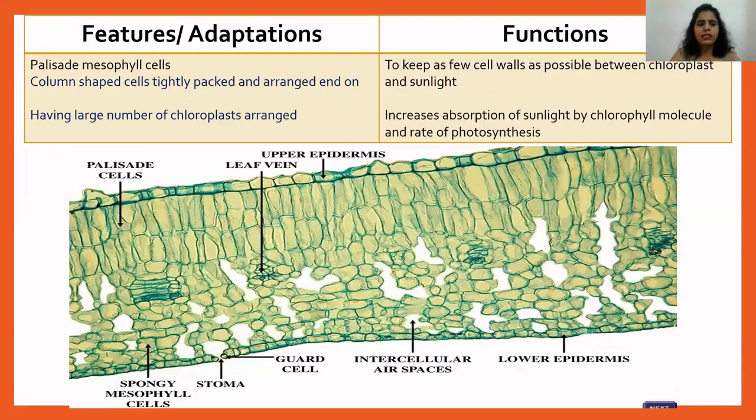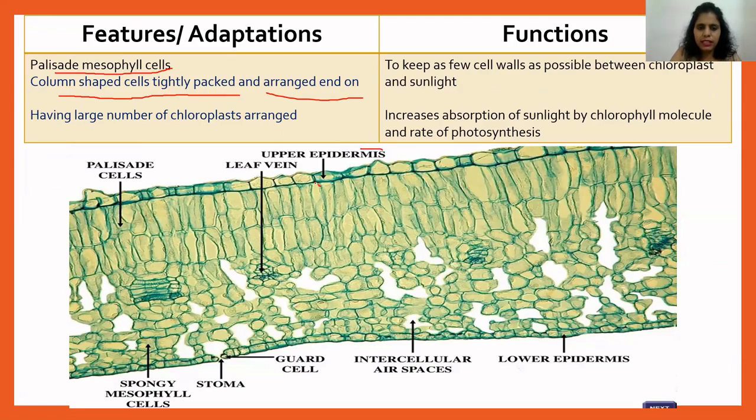The next very important feature is that after the upper epidermis come the palisade mesophyll cells. If you look at the figure here, you can make out that these palisade mesophyll cells are column shaped, or elongated, and tightly packed, and are arranged end on.